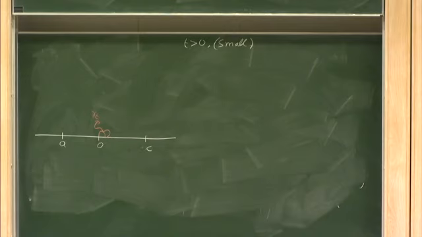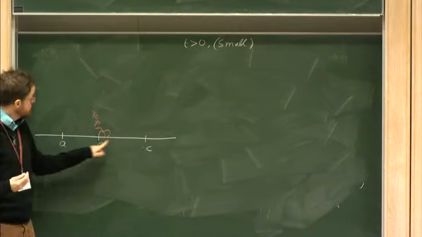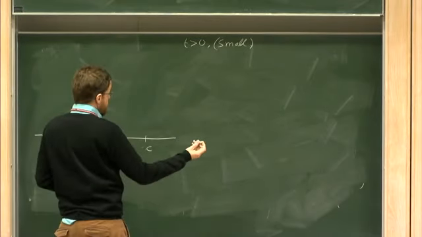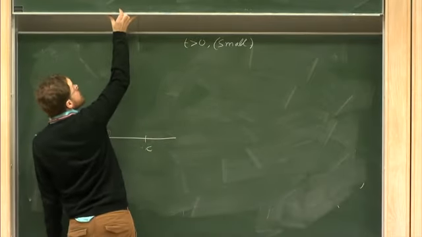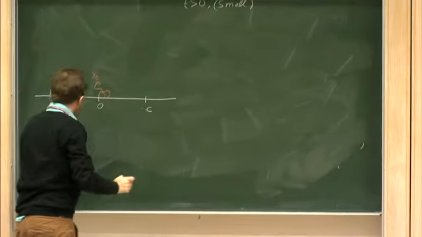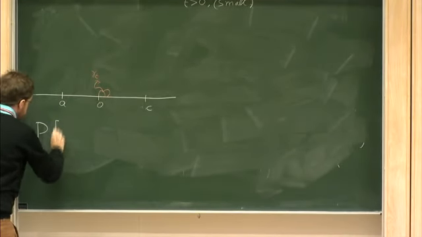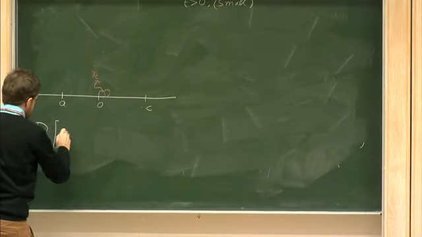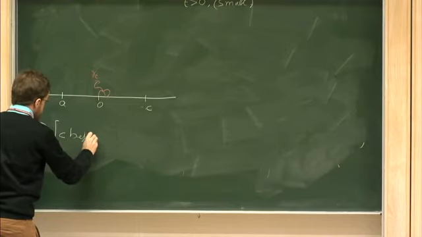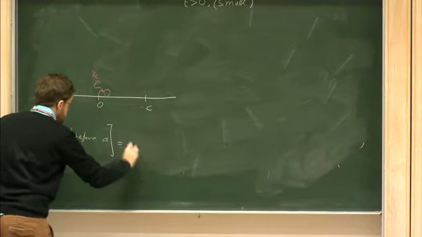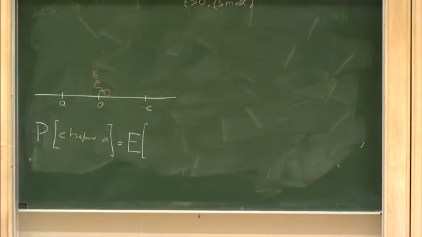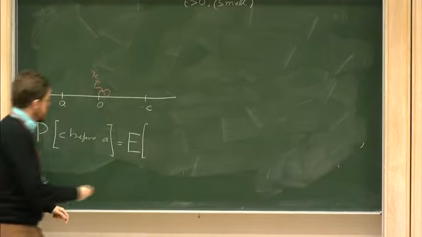And what I can do is condition the process by what we discover up to time t, and say the following. So the probability of this event here, C before A, is the expected value of the conditional probability given what I discover by time t.